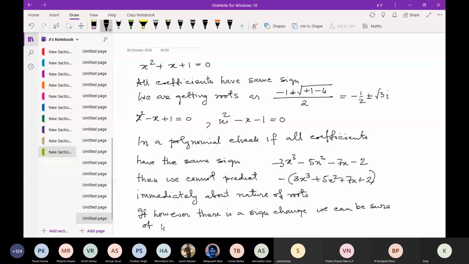So when we have in a polynomial a sign change in the coefficients, then that means you are going to face instability if this polynomial is the result of your analysis of the system.